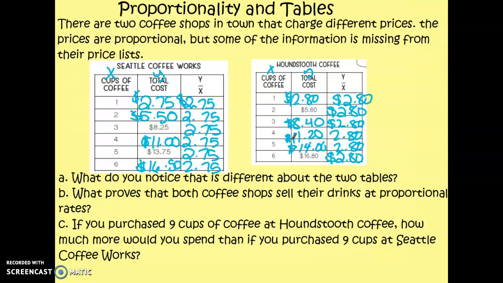Okay, what proves that both coffee shops sell their drinks at proportional rates? Well, the proof is that we have that constant of proportionality, or because our ratios are equal at each of the intervals. Okay? Or we could say that y divided by x is always constant in the table.